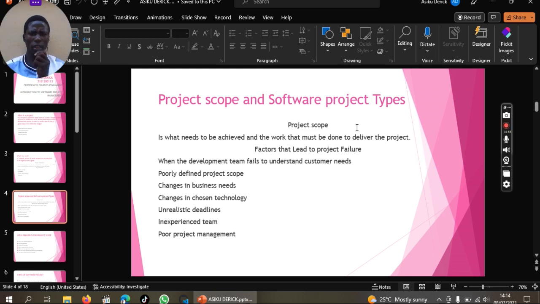If you have inexperienced teams who are not yet familiar with the system, the requirements, or the objectives of the project, obviously the project will fail. Then poor project management. This one is entirely from the side of the project manager, where the project manager fails to play his role properly.